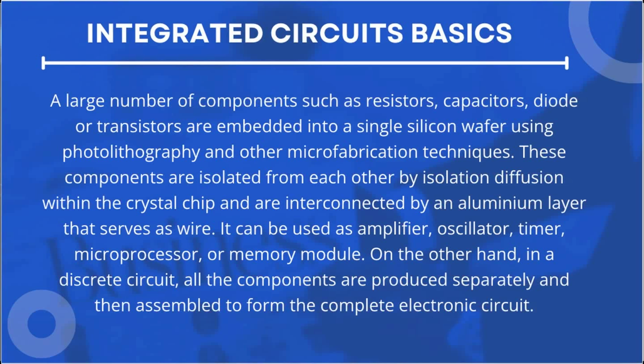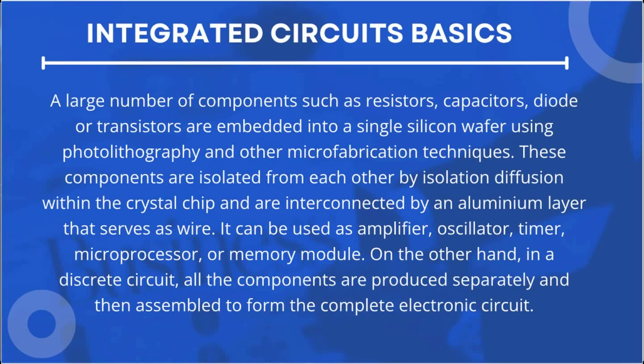A large number of components such as resistors, capacitors, diodes, or transistors are embedded into a single silicon wafer using photolithography and other microfabrication techniques. These components are isolated from each other by isolation diffusion within the crystal chip and are interconnected by a layer of aluminum that serves as wire.